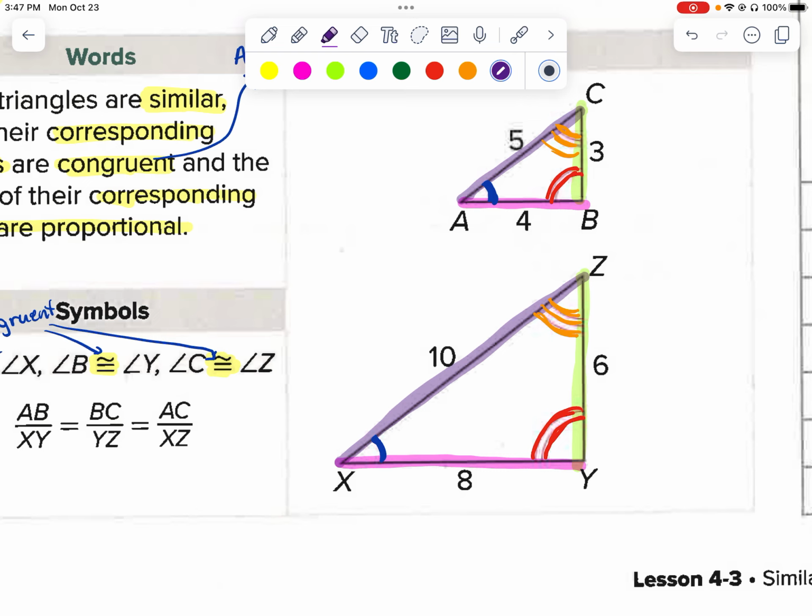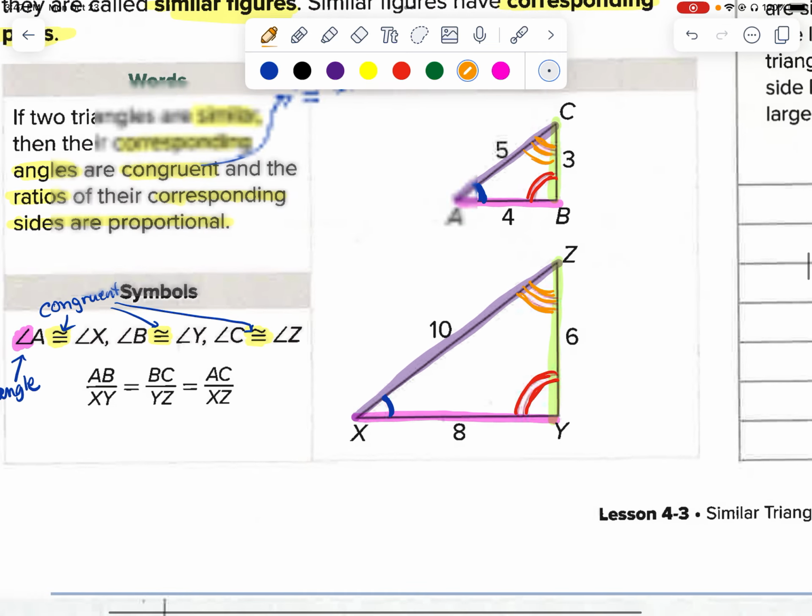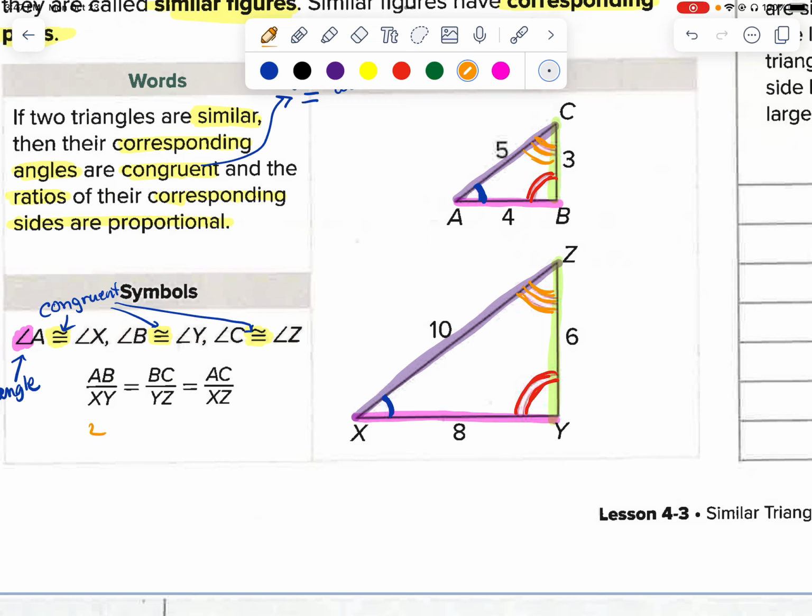Corresponding parts are proportional. If I look at AB, I'm going to use the color it corresponds to. AB is 4, XY says it's 8, and I'll do an equal sign. Then we have BC. BC is a greenish color. BC was 3, and YZ is 6.